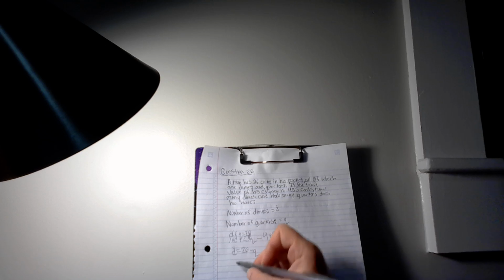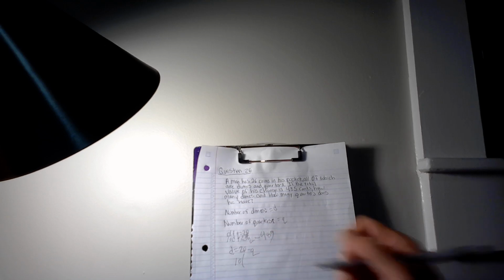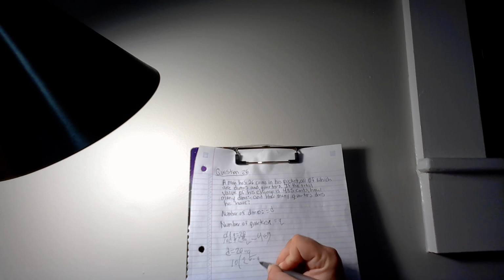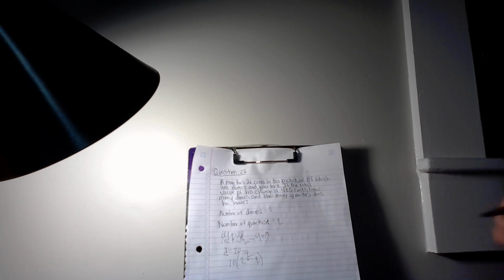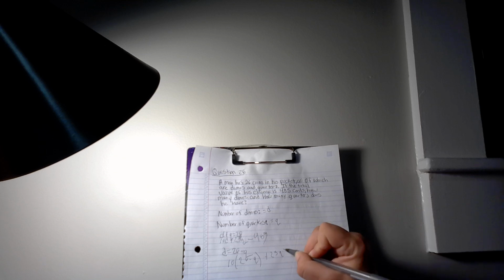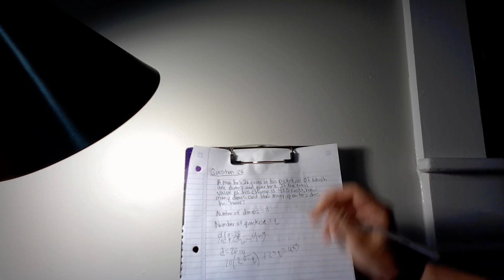So from there, you would solve the first one for D. D equals 26 minus Q. So then you would do 10 times (26 minus Q) plus 25Q would equal 485.